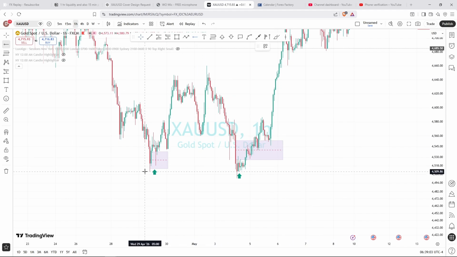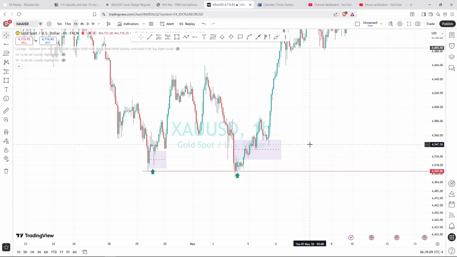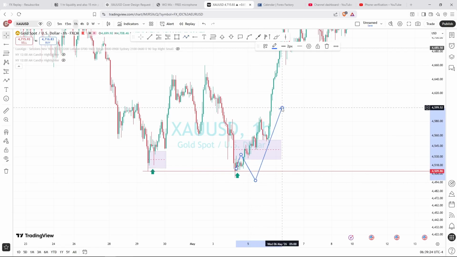Price had first swept liquidity there, and then there was a 1 hour fair value gap here. So how should you look for an entry? Should you be scared about this fair value gap taking you out, like price hitting the fair value gap, then coming to your stop loss and then going up? So this is what happens.